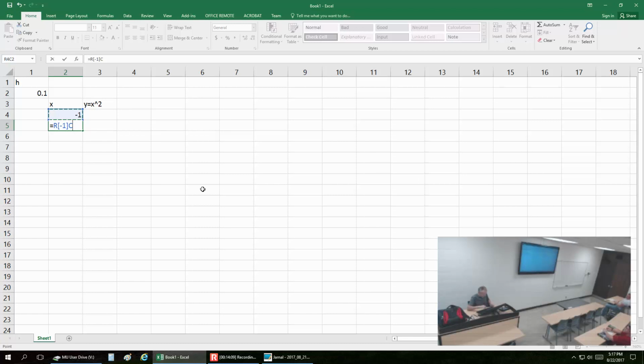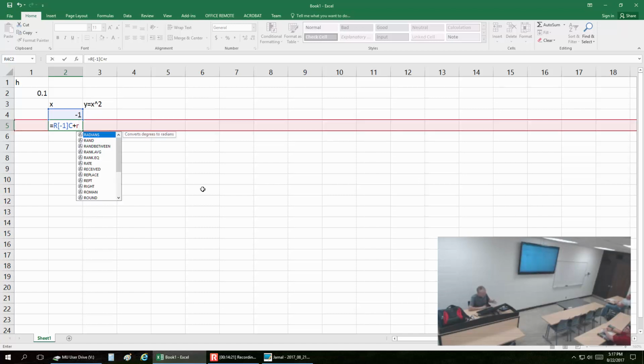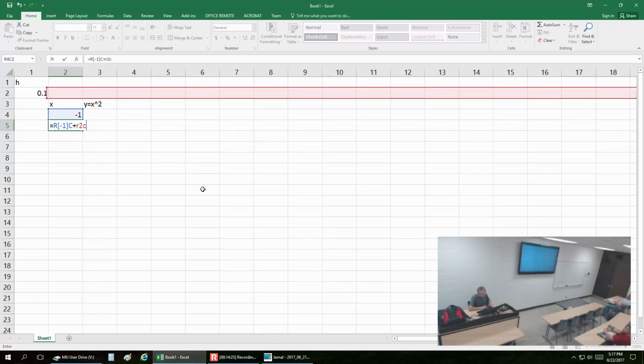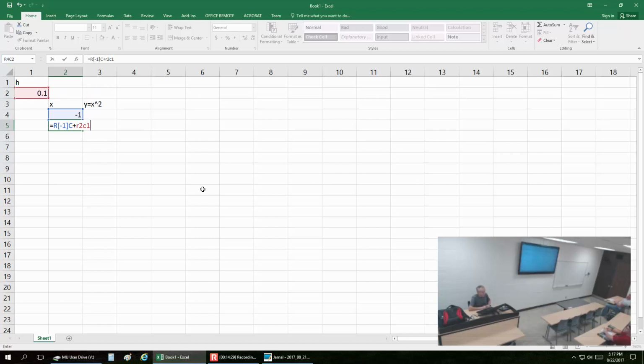However, now we want to add H, that 0.1. Here the reference has to be absolute. So not -1, you just have to say exactly what the row is, the R, and what's the row? 2, and column? 1. Okay, see? The formula is very nicely colored here.